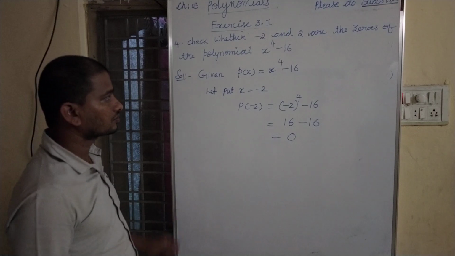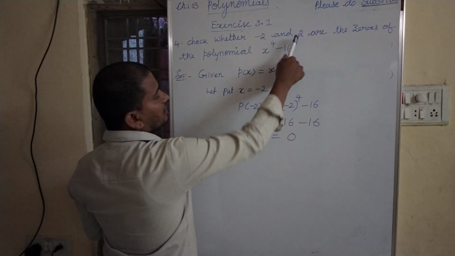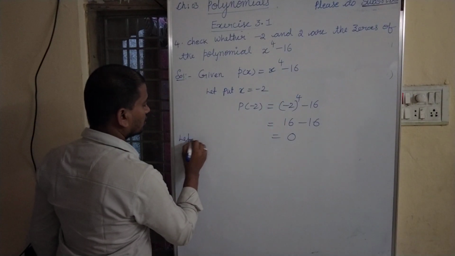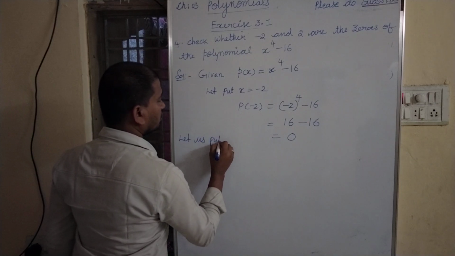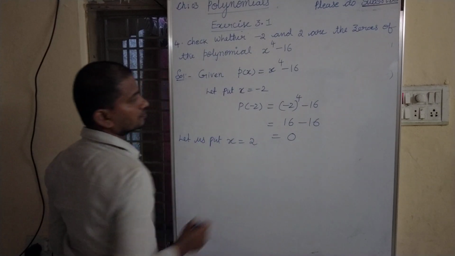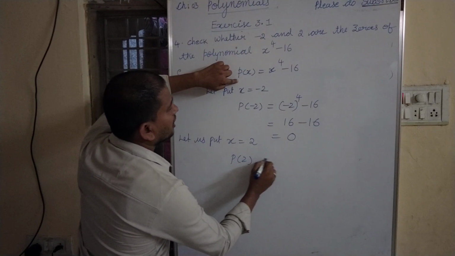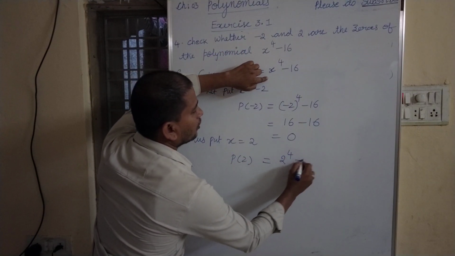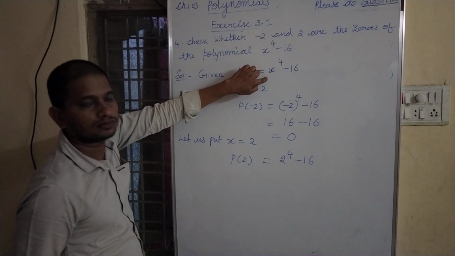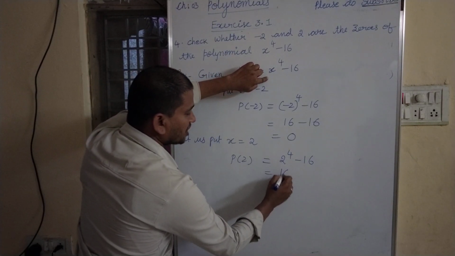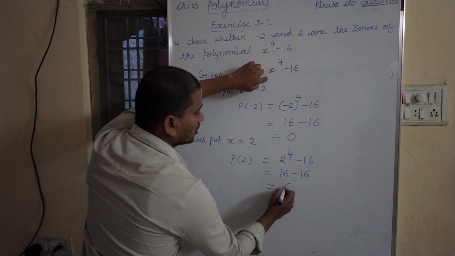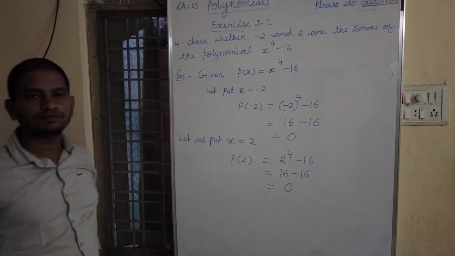Got it? Coming to the second one, let us put x equal to plus 2, that is p of 2 equals 2 to the power 4 minus 16. 2 to the power 4 is 16, minus 16, 0.